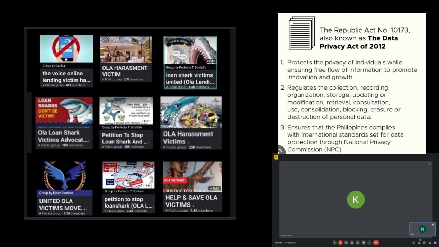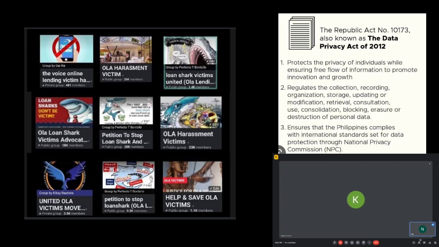Kaya we always advise, no, to report to the National Privacy Commission kung ano man yung mga reklamo natin against dun sa mga OLA, because they're the one na kailangan mag-receive ng mga complaints natin and mag-institute ng investigation. Okay? So, yun, may mga National Privacy Commissioner tayo, ganyan.